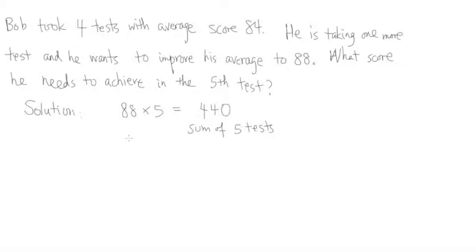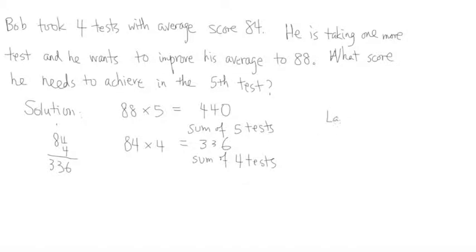And meanwhile, the previous 4 tests, the total score will be given by 84 times 4, and this is the sum of 4 tests. So this multiplication, again, this is not as easy as 88 times 5. I cannot do it in my head, so let me do it on the side. 16, 132, so 33, 336. Okay, so we know the sum of 5 tests, the sum of 4 tests.